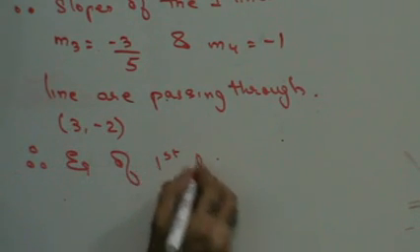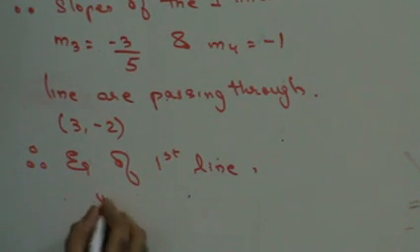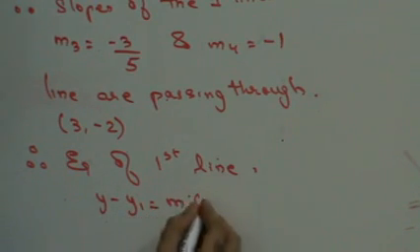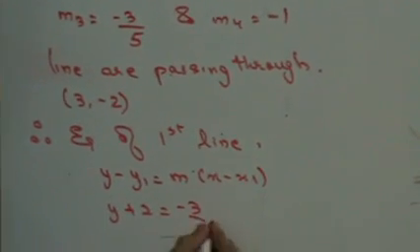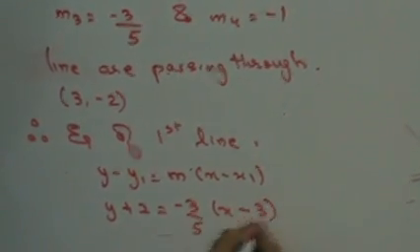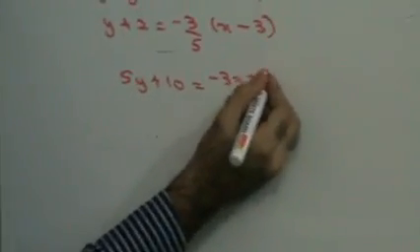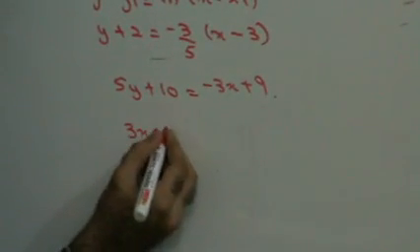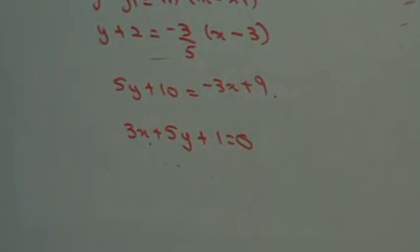Therefore, equation of first line, I can find out the equation of line in point slope form. y minus y1 is equal to m(x minus x1). So I'll get 5y plus 10 is minus 3x plus 9. So I'll get 3x plus 5y plus 1 is 0. That will be the equation of the first line.